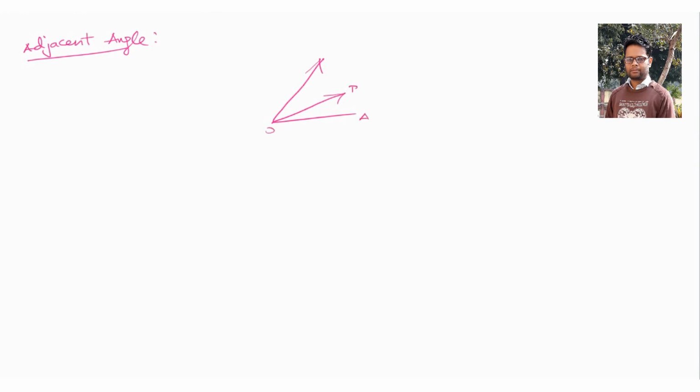OA, OB, C. O is a point, called the common vertex. Common vertex, V-E-R-T-E-X, and this is called the common arm. Common arm. So OB is the common arm and O is the vertex.